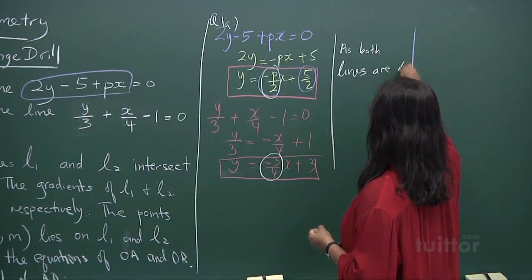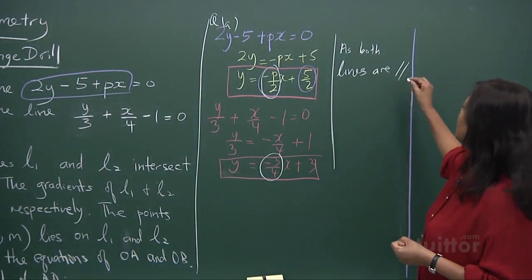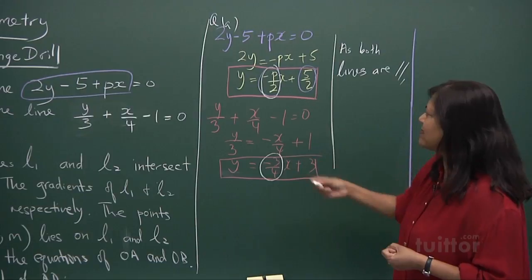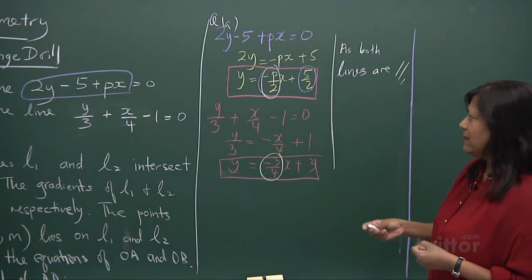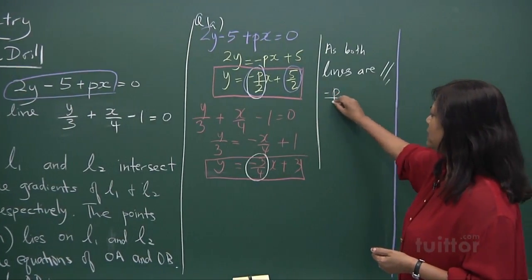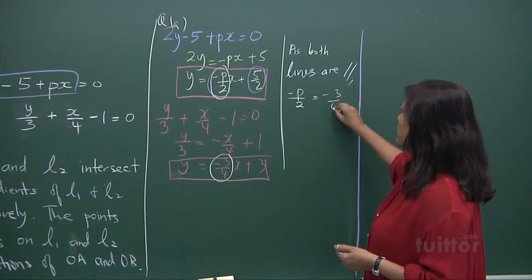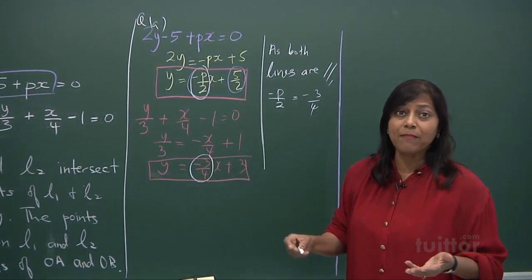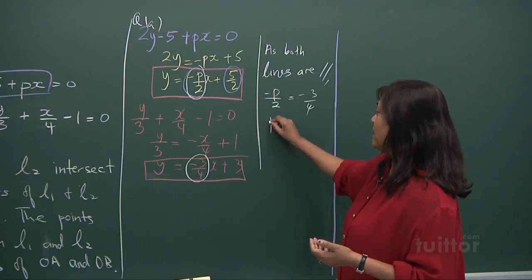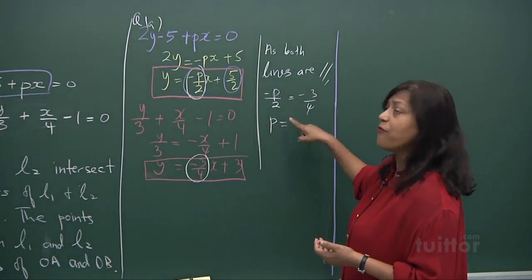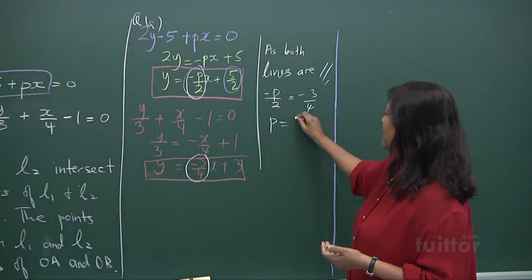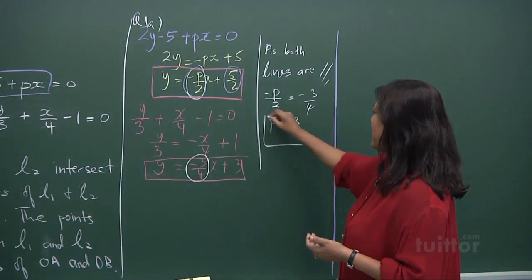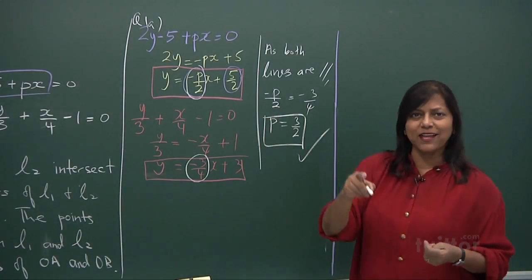When I say parallel, these two have the same gradient. Okay, so minus p over 2 equals minus 3 over 4. And both are minus, remove the minus. Your p is going to be 3 over 4 times 2, which is 3 over 2. That's the answer. Did you get that?